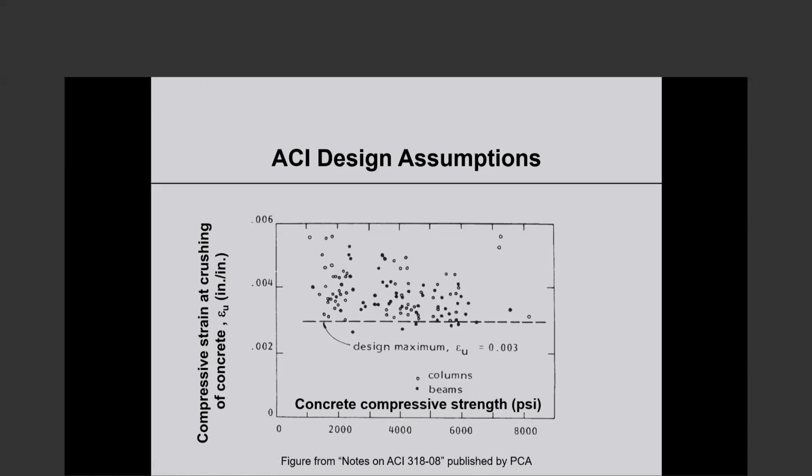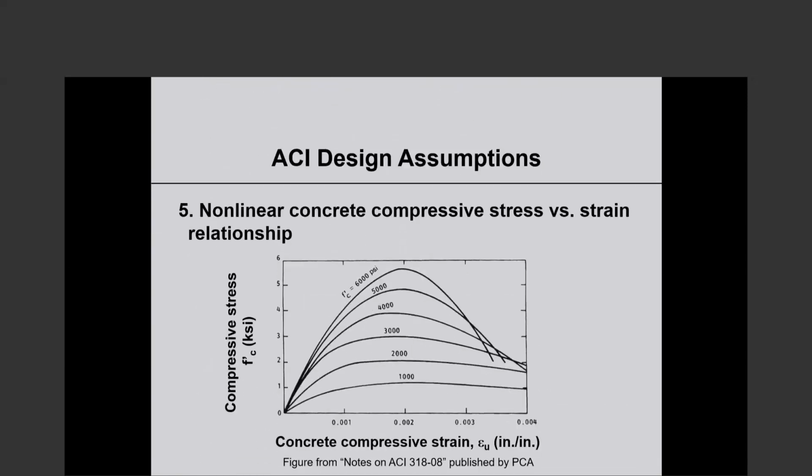So there is no hope that that publication we will see in the future anymore. But that was a very important publication in explaining ACI 318 to the design profession. Anyway, I have taken quite a bit of these figures and things from that source as noted here.